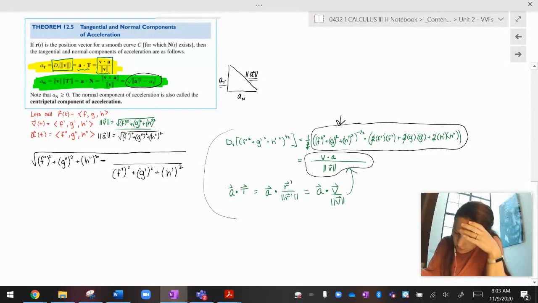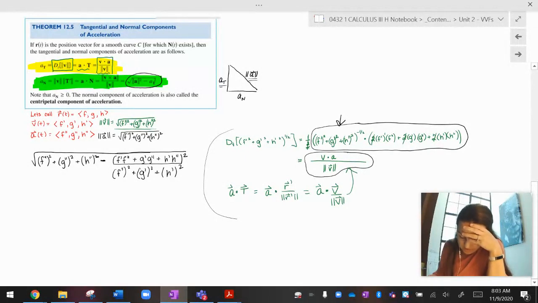And then if I square the other piece, I really end up with f prime f double prime plus g prime g double prime plus h prime h double prime. That stuff is all going to be squared.